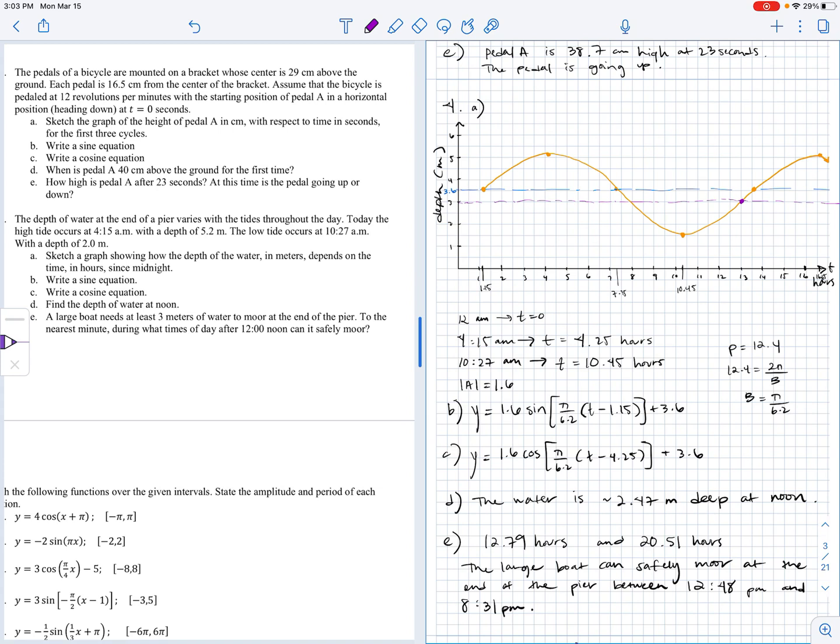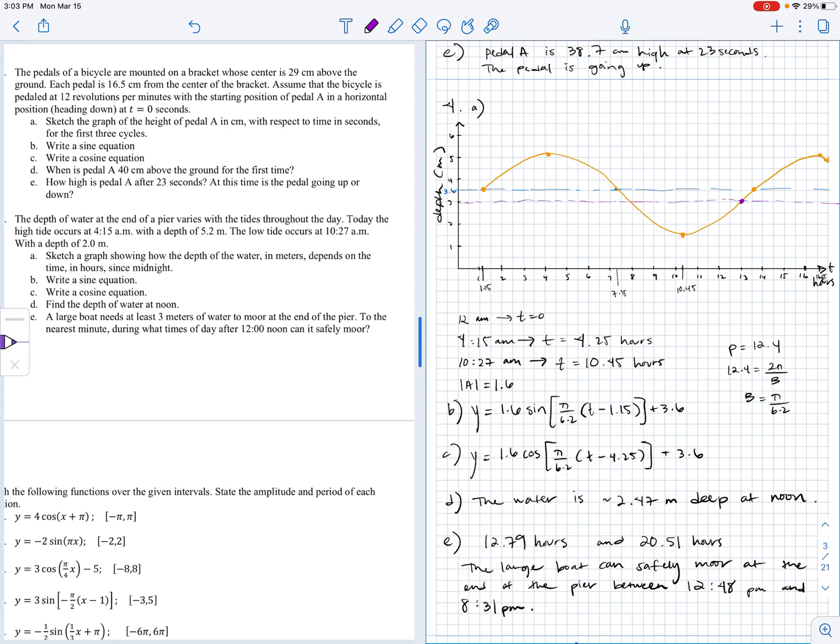And for my vertical axis, I did from 0 to 6. And I'm able to see both points of intersection. I found both points of intersection. The first point of intersection is 12.79, and the second point of intersection is 20.51. I'm not sure why I only rounded to 2 decimals here.